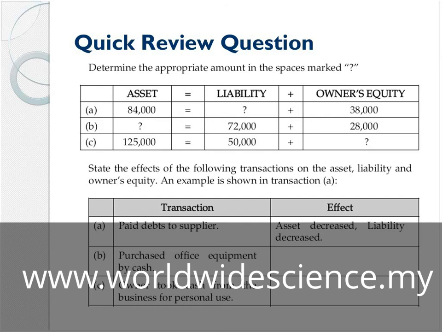Yes, right, 46,000. So what about exercise B? $72,000 liability plus owner's equity 82,000, and assets total will be 100,000, right? And then what about exercise number C?